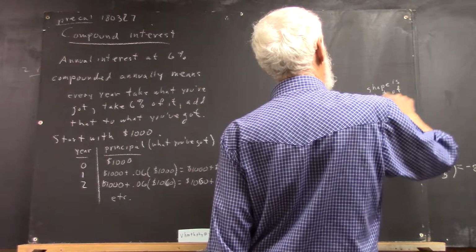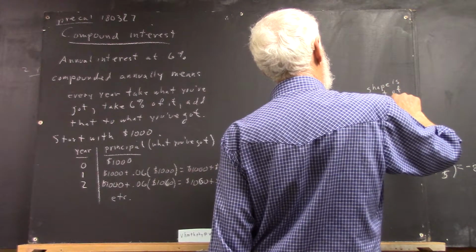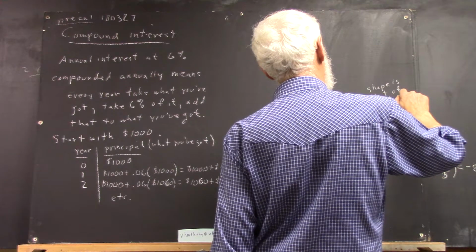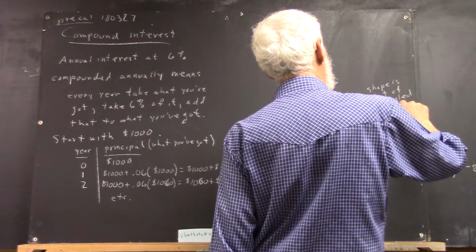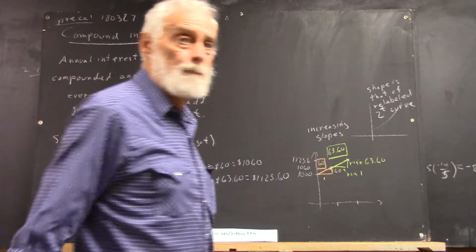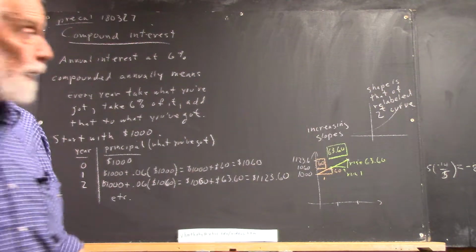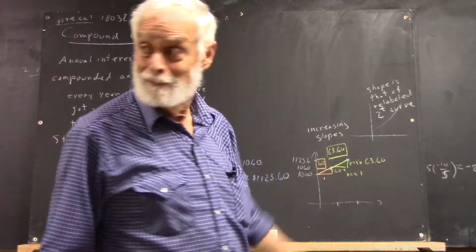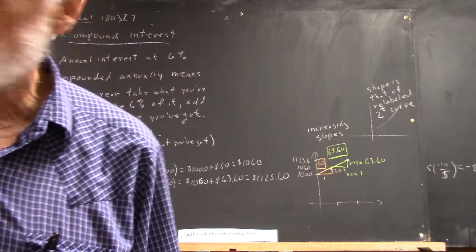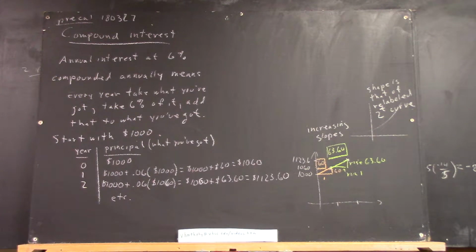So the shape is that of a relabeled 2 to the t curve. You just have to figure out how long it takes to double, and you replace 1 with that, whatever that is. That's what it comes down to, and it's not hard to understand why. Okay? So that's the first thing you want to realize.